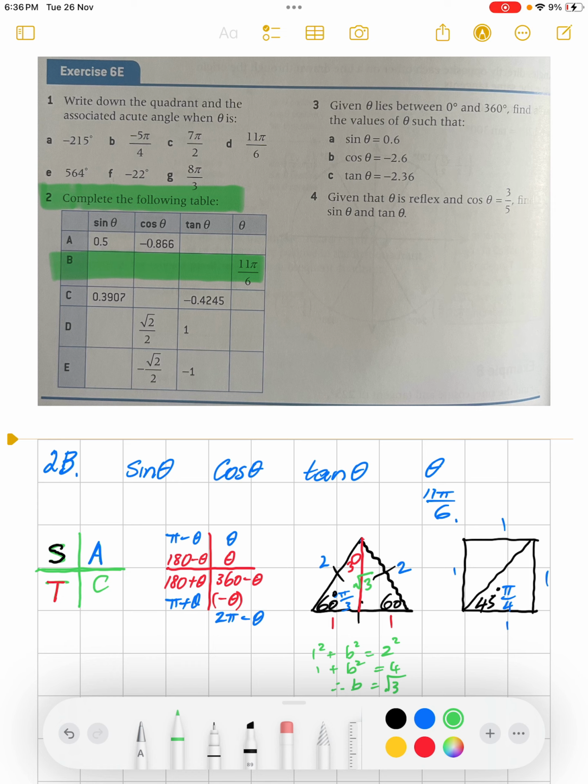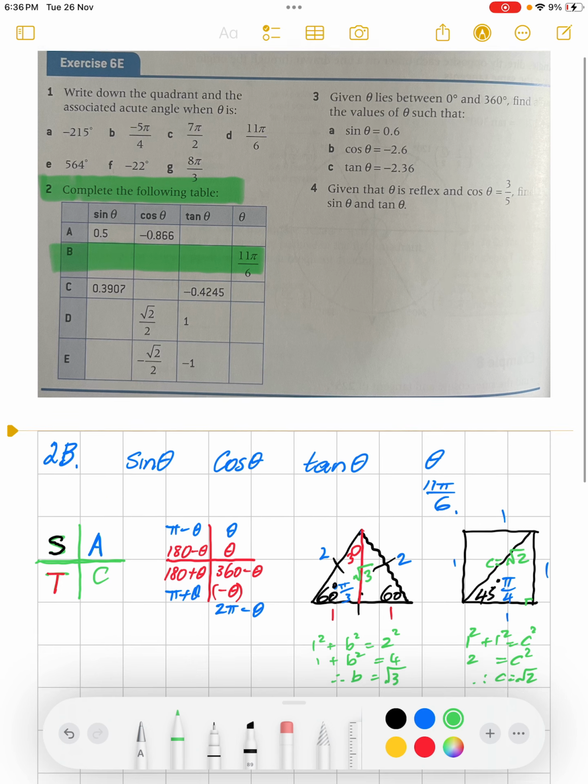And here we've got sides 1, 1, and 1 squared plus 1 squared equals c squared, so c squared equals 2, and c is the square root of 2. So we use the square root of 2 for 45 degree angles.